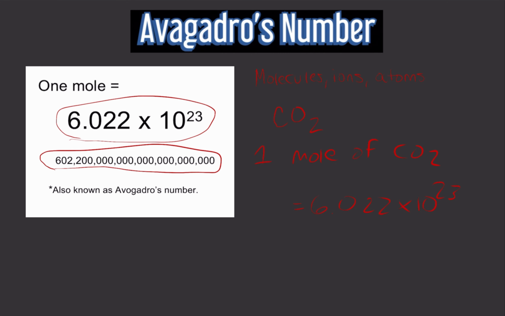If we said we had 1 mole of hydrogen, this means that, again, we have 6.022 times 10 to the 23rd amounts of hydrogen.